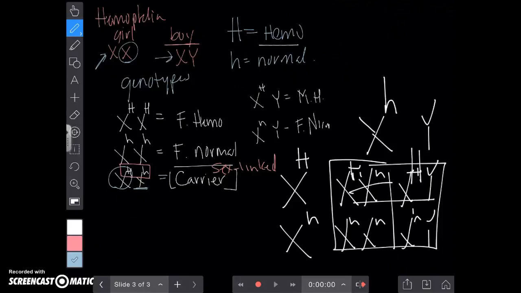So when looking at it, I'm looking at the boys only. Now, these are the girls, these are the boys. So the percent of the boys having it is 1 out of 2, or 50%.